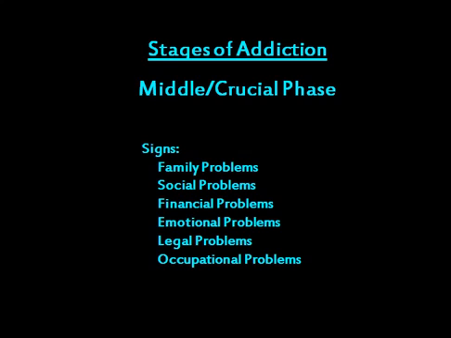Social problems can occur. Friends get offended when the addict makes a pass at his wife, or the boss gets upset when the employee makes a show or causes a scene at an employee function.